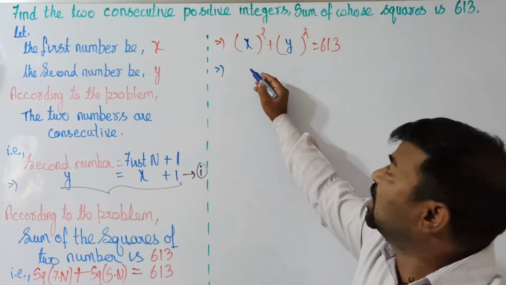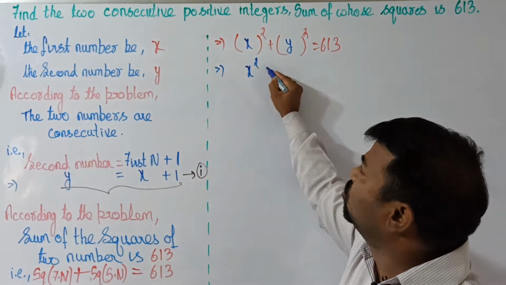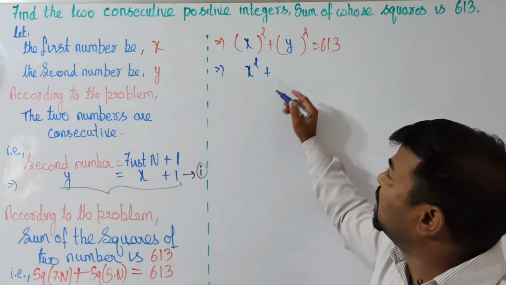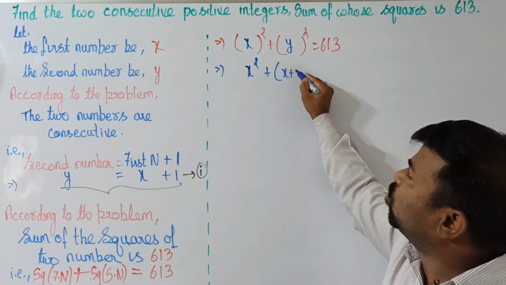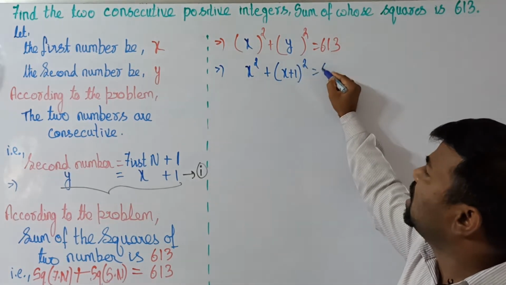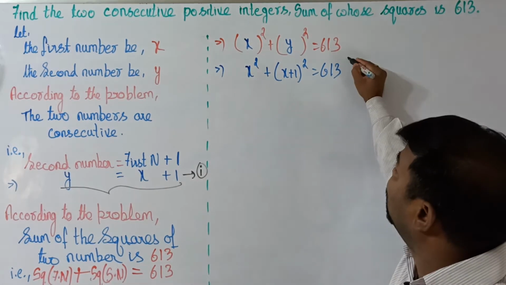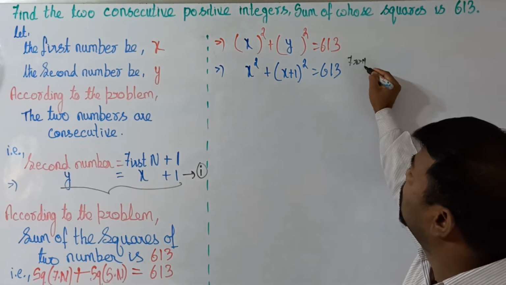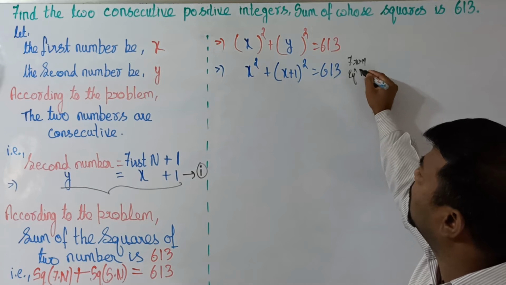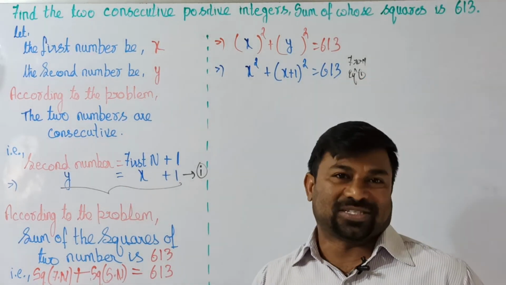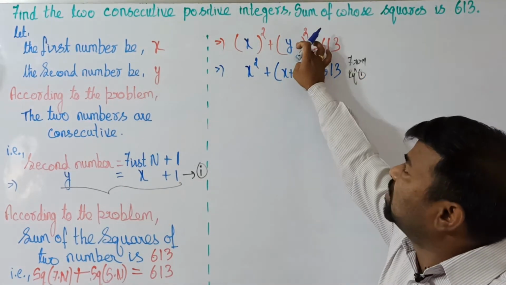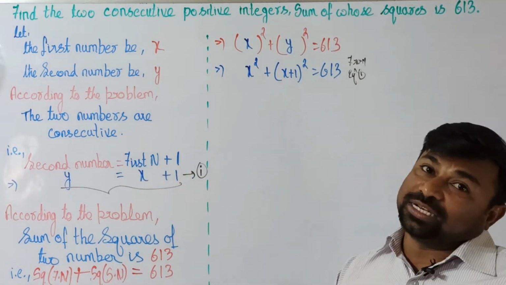Now let's replace it. So x squared, no issues. The y, we are replacing it with x plus 1 whole square equals 613. How did you get that x plus 1? From equation 1, we got the value of y. We have replaced y with x plus 1.